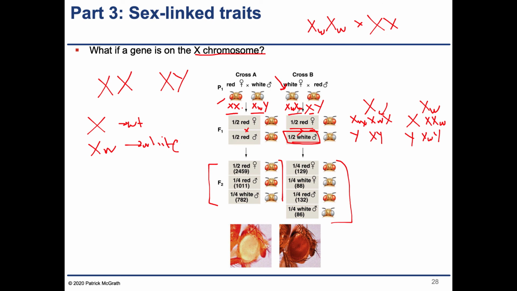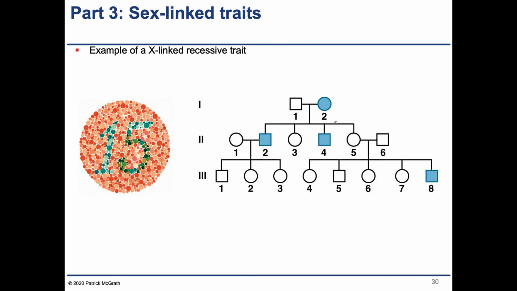Whereas in this case, because it's sex-linked, we know all of the males of this cross have to have the trait, but none of the females can. So that's an example of something you could look for in a pedigree to determine whether this is sex-linked or not.